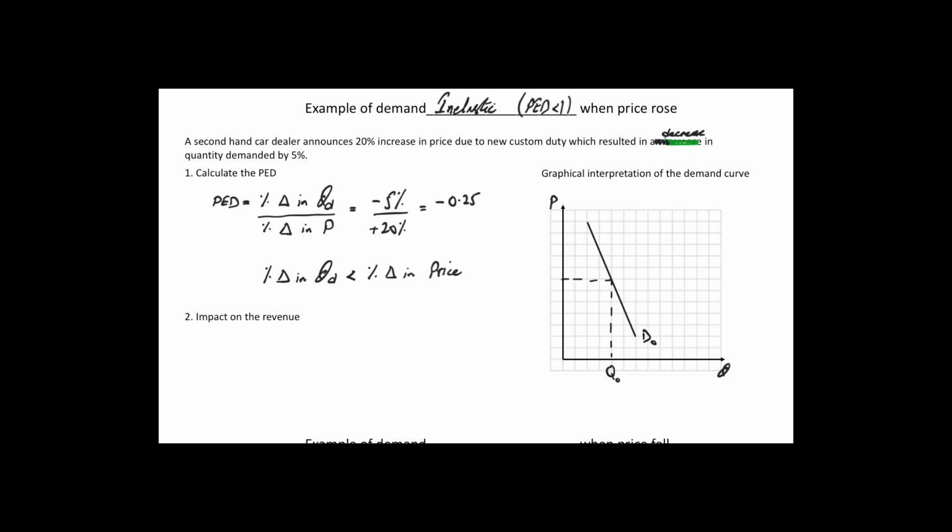P0 into Q0, and the price has risen. So when there is a rise in the price, there's going to be a fall in the quantity demanded.